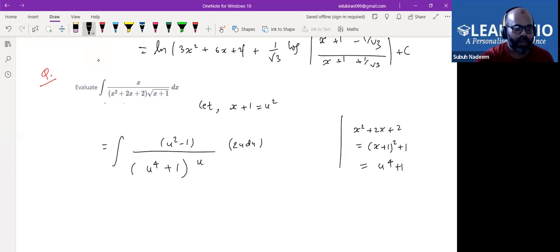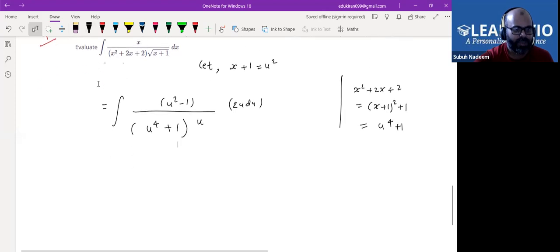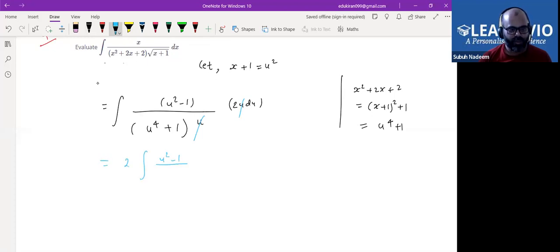Okay. So what will happen next is this u will get cancelled and we will have 2 times u square minus 1 by u to the power 4 plus 1 du. Now here what we will do, we will divide numerator and denominator by u square. It is 1 minus 1 by u square upon u square plus 1 by u square du.